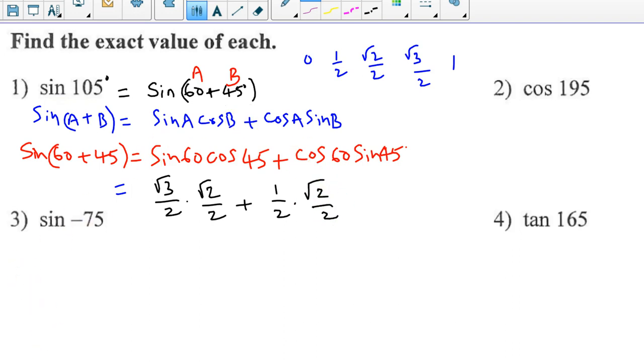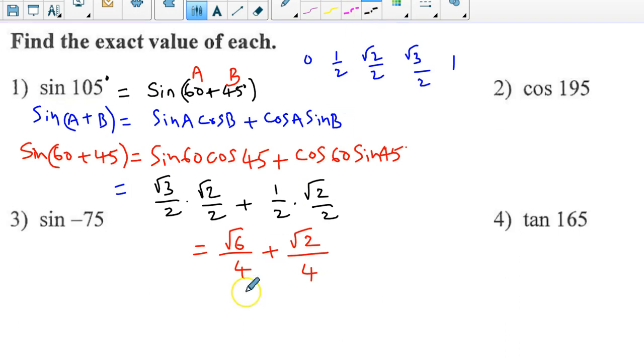Alright, now square root of 3 times square root of 2. In the numerator you can multiply to get square root of 6, and in the denominator 2 times 2 gives you 4, plus 1 times square root of 2 is square root of 2, over 2 times 2 is 4.